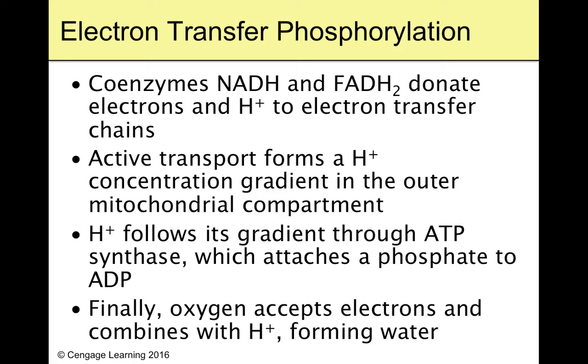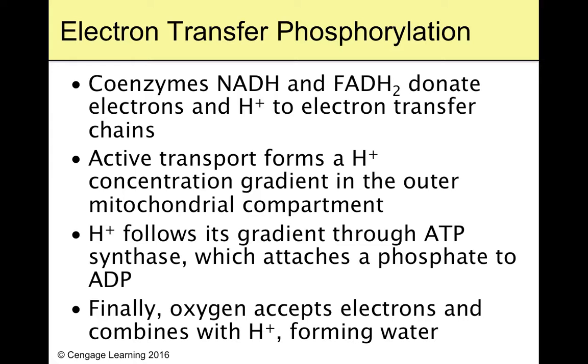And then as the hydrogen flows back through, it's going to flow through ATP synthase, a very important protein that attaches a phosphate to ADP and actually makes ATP. It's like a little motor or a little socket that rotates, making ATP. And the power to turn that socket is hydrogen ions flowing through.